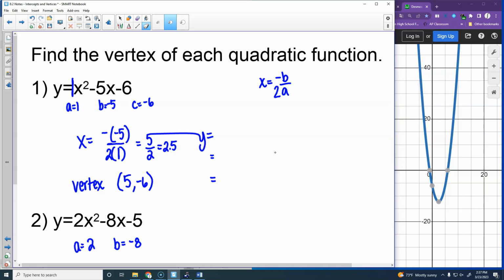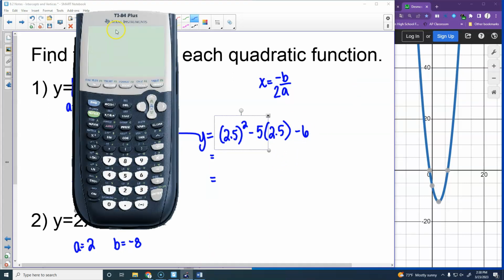So a lot of the ones on the worksheet that I have given you are going to give you decimals, so I'm going to let you use the calculator. But if you see it on the test, it's probably not going to be a decimal. So since we get 2.5, let's do 2.5 squared minus 5 times 2.5 minus 6. And then we're just going to use the calculator for that.